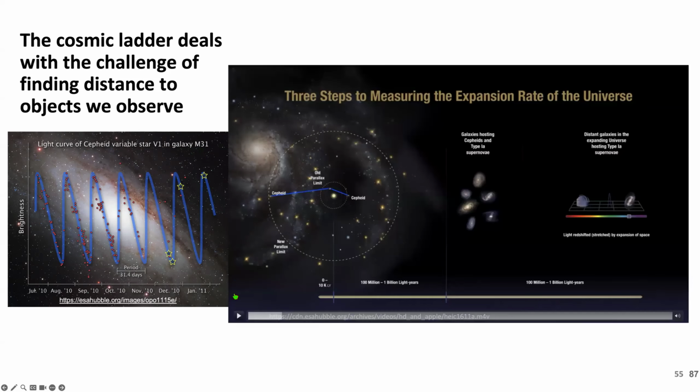Now, how do we know how far away it is? Here's the way it works. It's a so-called cosmic ladder. You have to build a ladder in the following sense. You've all experienced something called parallax. If you close one eye and then the other eye, distant objects appear to move.